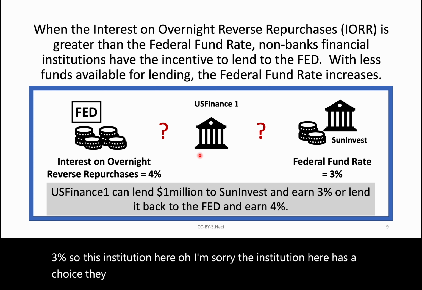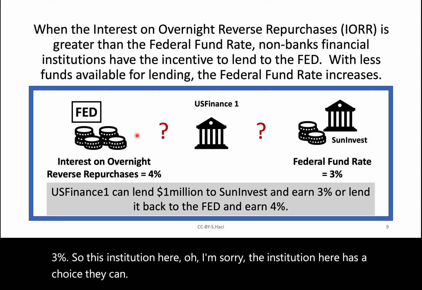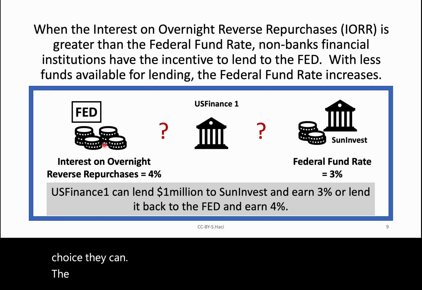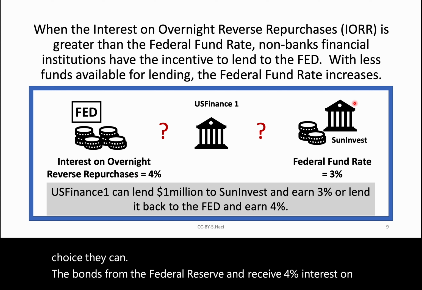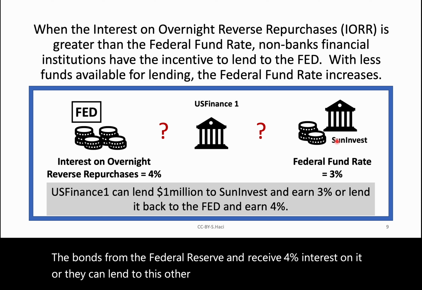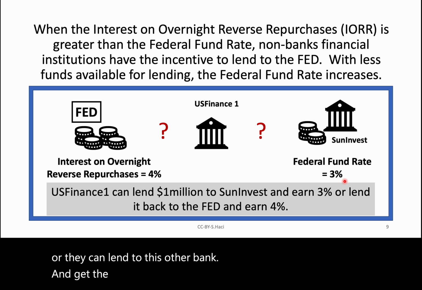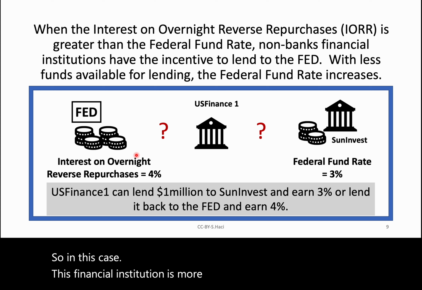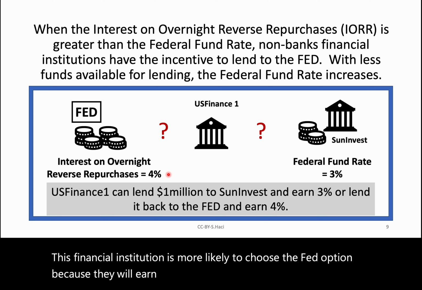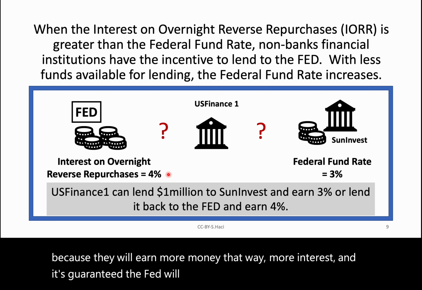They can buy the bonds from the Federal Reserve and receive 4% interest on it, or they can lend to this other bank and get the federal fund rate of 3%. So in this case, this financial institution is more likely to choose the Fed option because they will earn more money that way, more interest, and it's guaranteed. The Fed will always pay their bills, so it's easy money to be made.